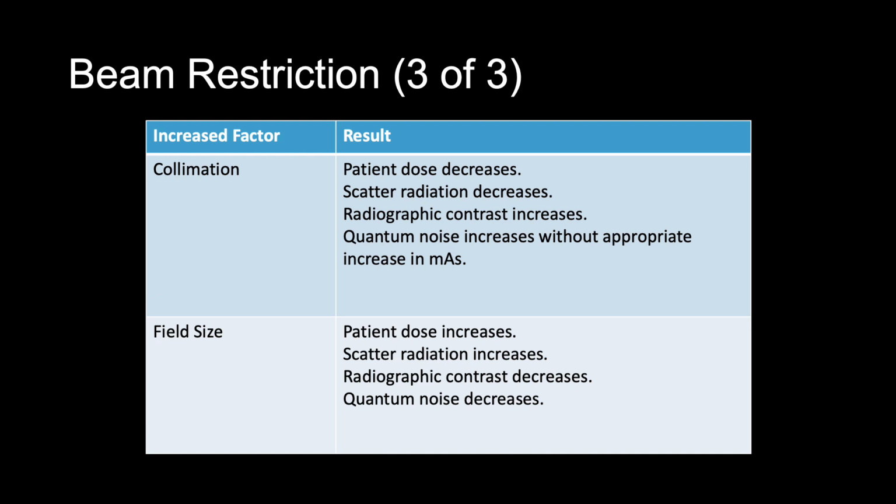So to maintain the exposure to the IR, the mAs should be altered. So the mAs would be increased. There are several types of beam restricting devices that we will talk about on the next slide to be able to utilize this patient dose decrease and scatter radiation decrease and radiographic contrast increase.